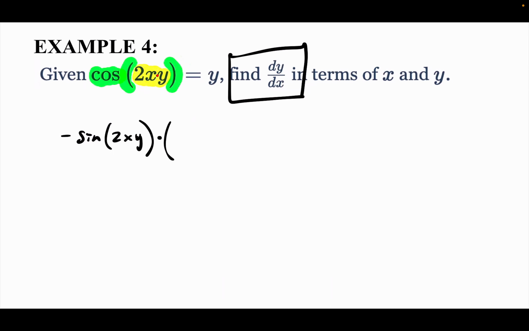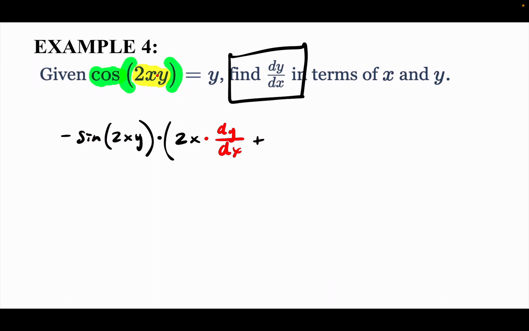Like Seth was just saying, where does the 2 go? I would leave it with the x, so 2x times y. If 2x is the first, it's going to be 2x times the derivative of y. The derivative of y is 1 dy dx, so in other words, just dy dx.